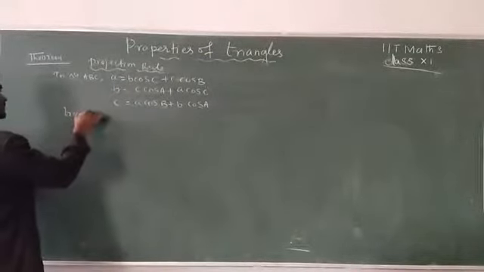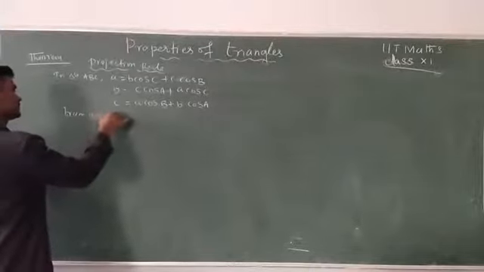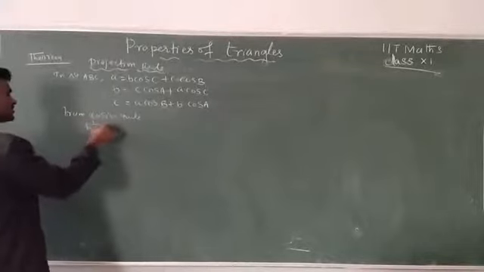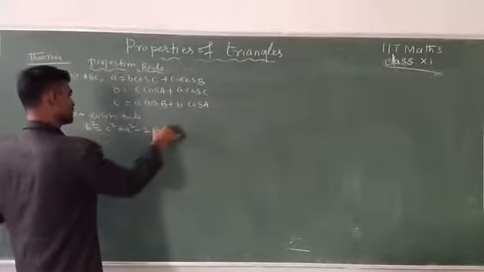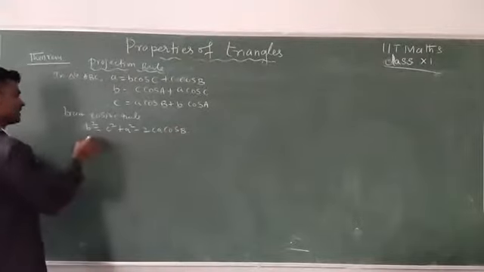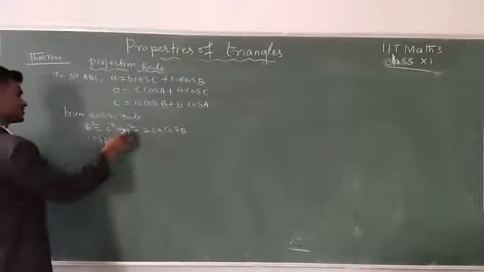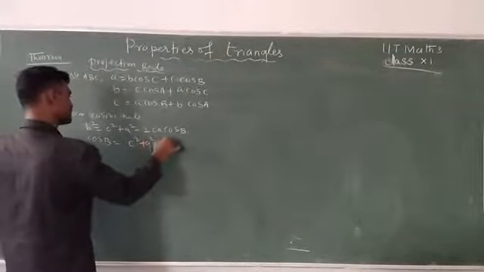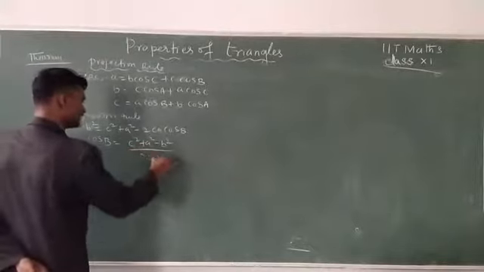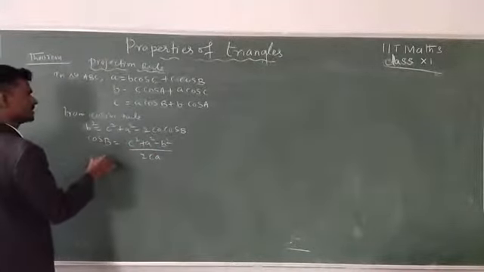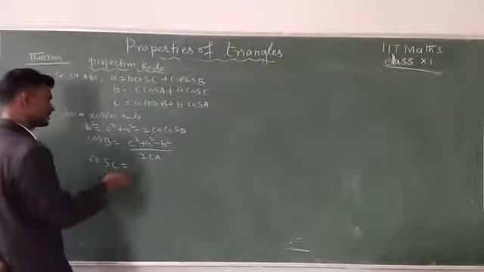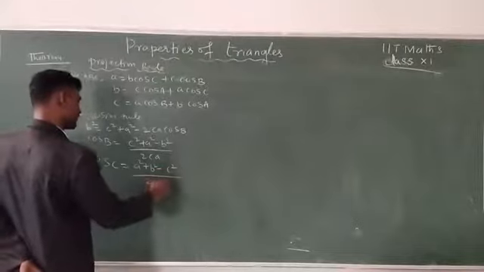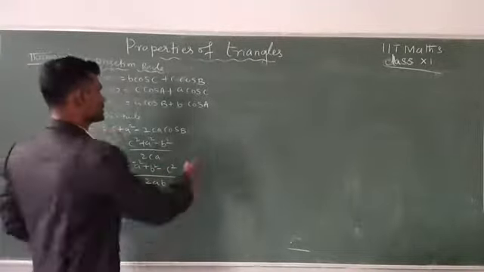From cosine rule, b square is equal to c square plus a square minus 2ca cos B. Then cos B is equal to c square plus a square minus b square by 2ca. Similarly cos C is equal to a square plus b square minus c square by 2ab.